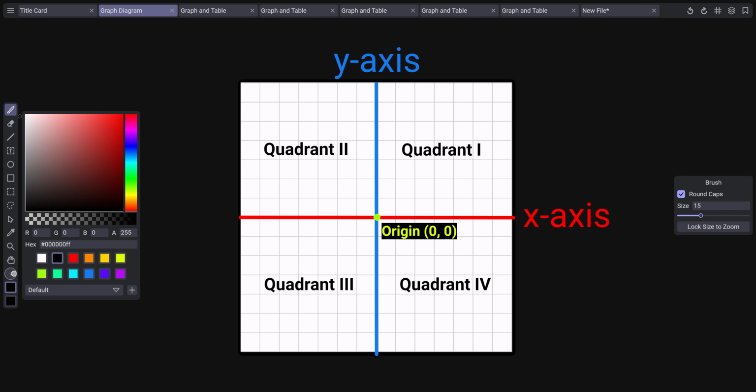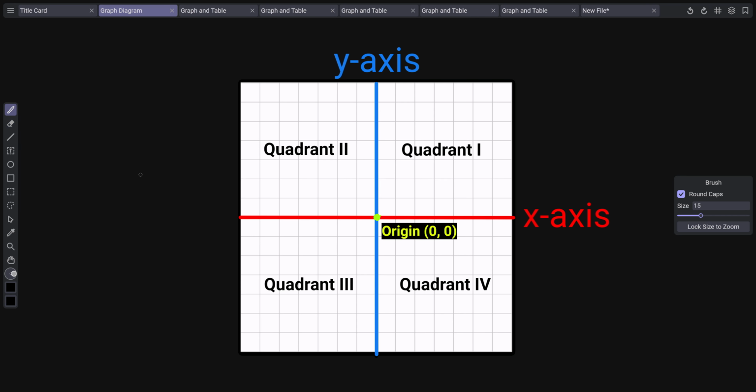Well, let's say if I were to travel from the origin and I take one step here and then I take another step here and I stop right here. That would mean that this point right here would be 2, 0.